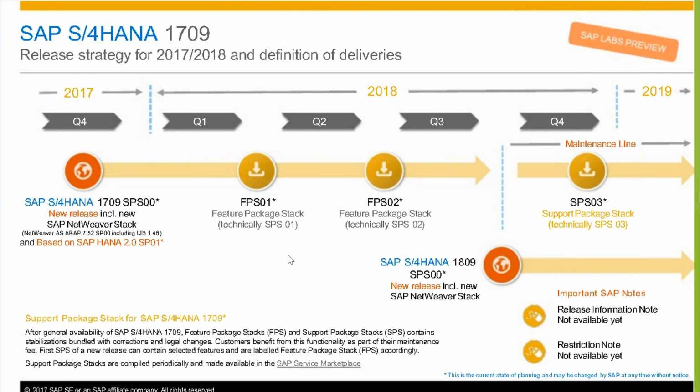Now they have been introduced. Okay, so I hope you are clear with these versions and support packs and how this actually works. We'll go into a little more detail on the next slides about what the 1709 version is.